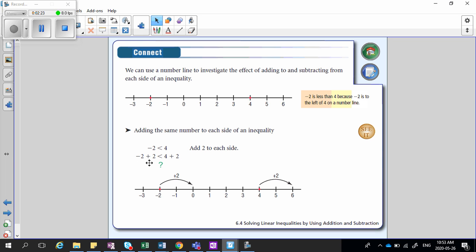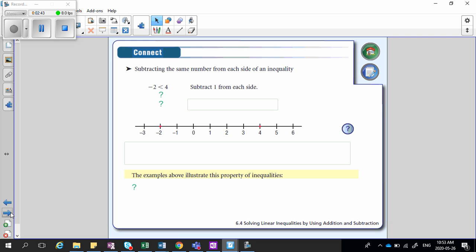So we're going to do +2 and +2. So we start here. If we add 2, we get to 0. We start at 4 and we add 2, we get to 6. Is 0 less than 6? Yes. So the same thing holds true. Okay, so if we add the same number to both sides, the inequality is still true.